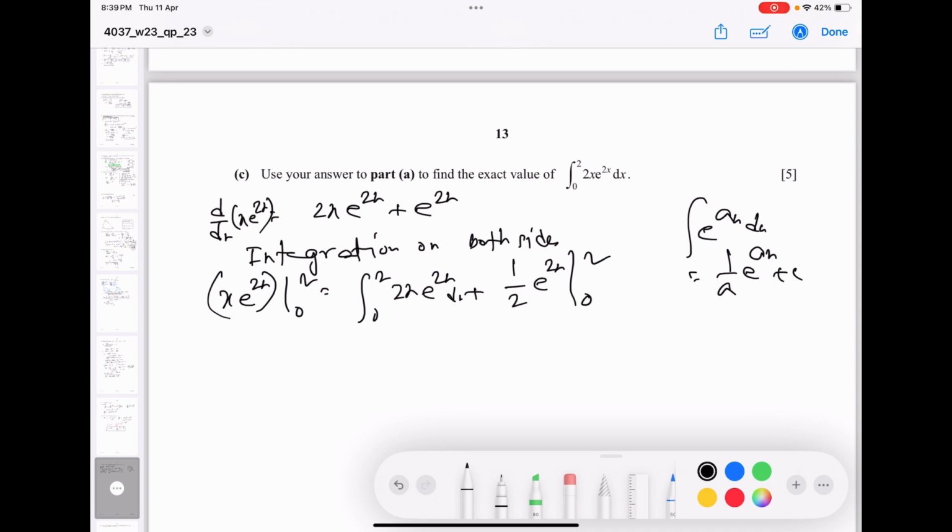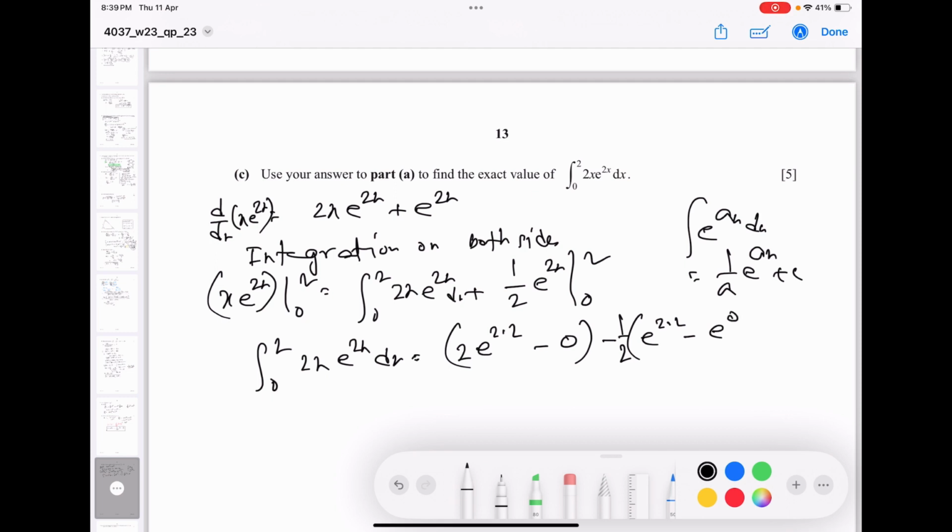Fine, let me evaluate the integral from 0 to 2 of 2x e to the power 2x dx, which equals 2 e to the power 2 times 2 minus 0, then minus half e to the power 2 times 2 minus e to the power 0.